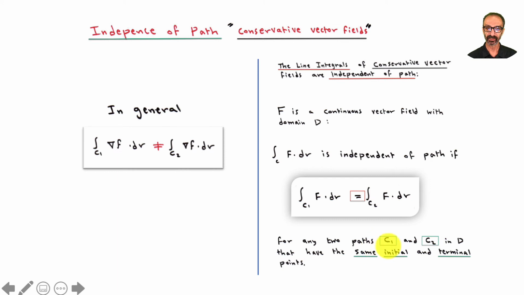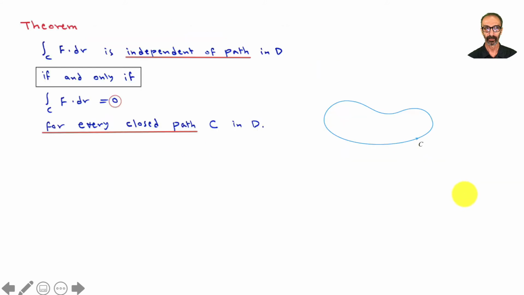For any two paths, C1 and C2 in D, that have the same initial and terminal points, we have the line integrals the same. Here's a theorem.